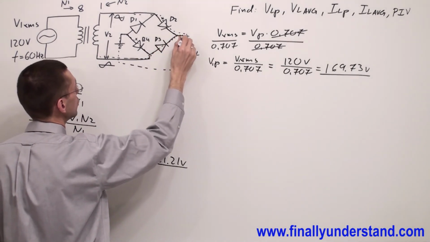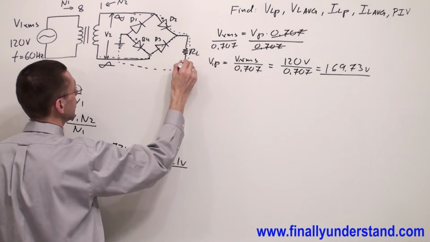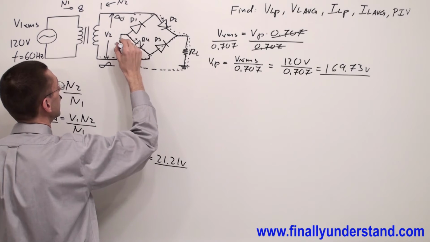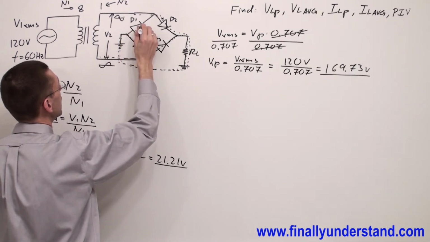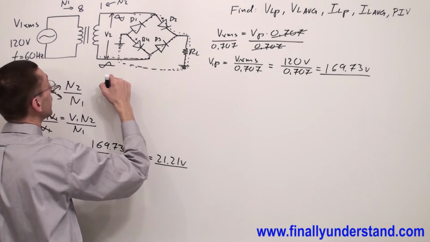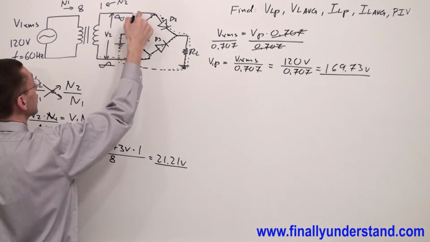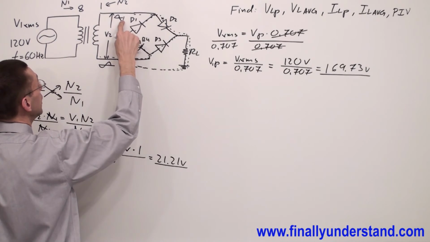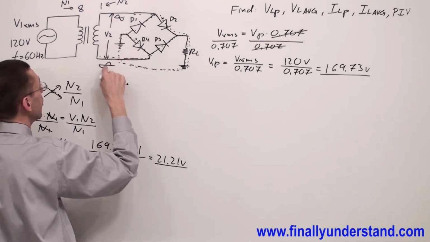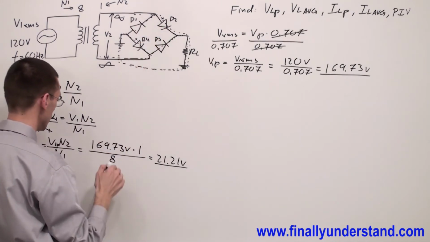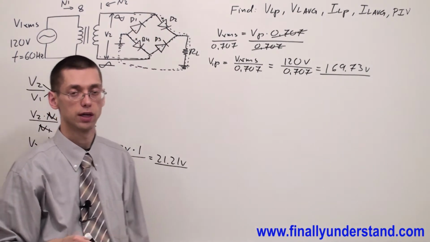The current is going to go through the resistor, go back to this point, forward bias this diode, and go back to the transformer. So when I have the positive half cycle at this point, these two diodes are conducting. When I have the negative half cycle at the top and positive at the bottom, these two diodes are going to conduct. So always two diodes are going to conduct.